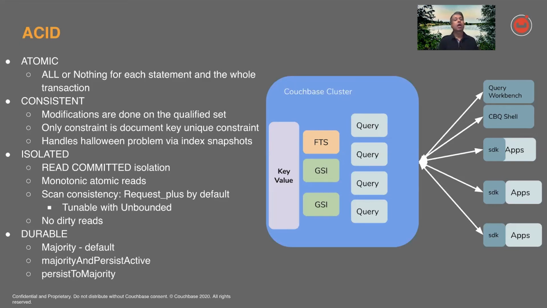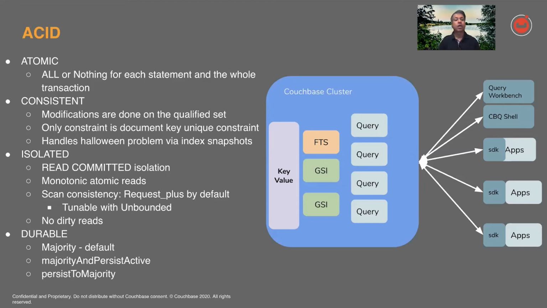Consistent, all the modifications are done on a qualified set. So these updates are still based on the same set theory that the transactions in relational systems use as well. So in terms of the consistency, the only constraint in Couchbase is the unique key constraint on the document key, and that's still applied within the Nickel transaction.